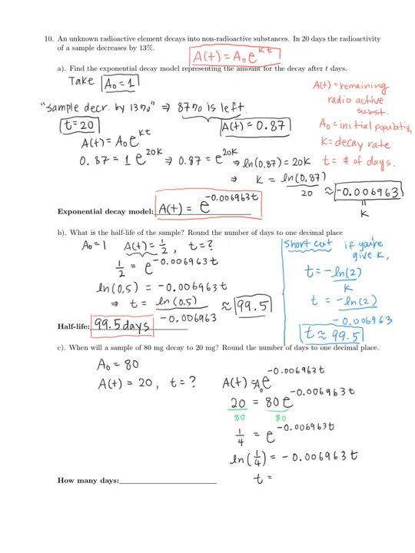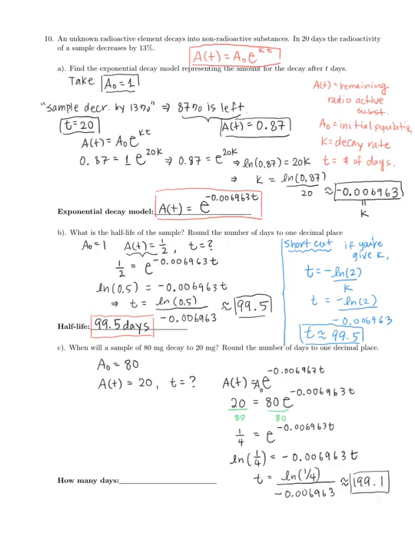So t is going to be ln of 1/4 whole thing over negative 0.006963. Alright, so type this in the calculator. Okay, if I typed it in correctly, I got this to be approximately equal to 199.09, so it's going to be 199.1.